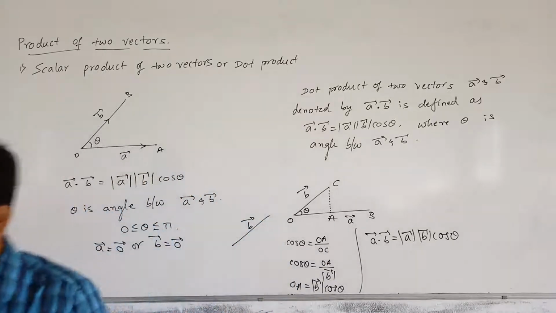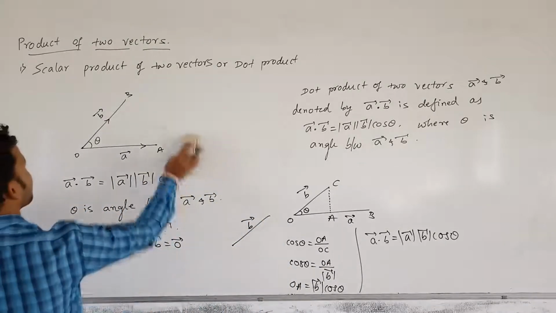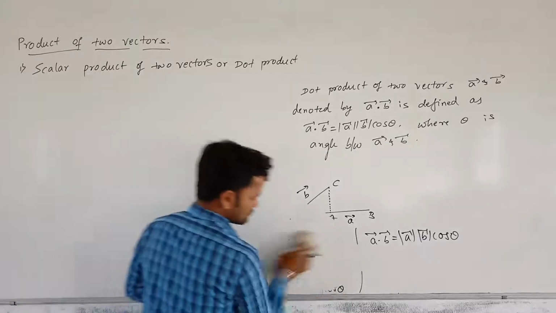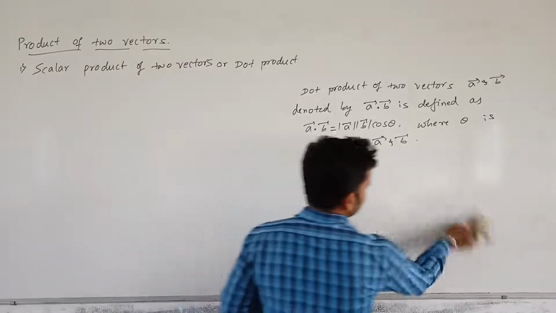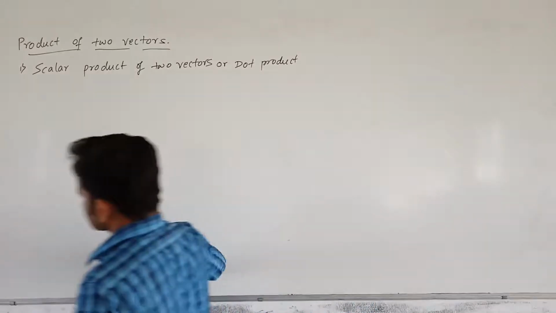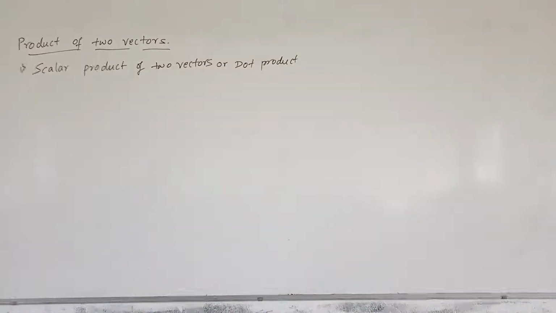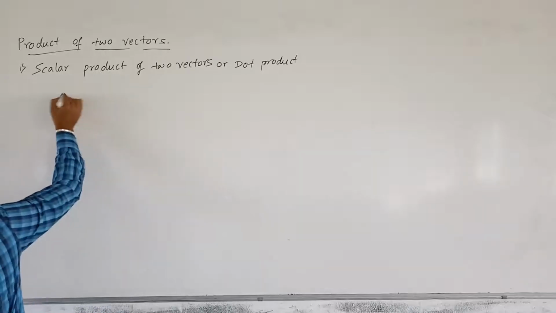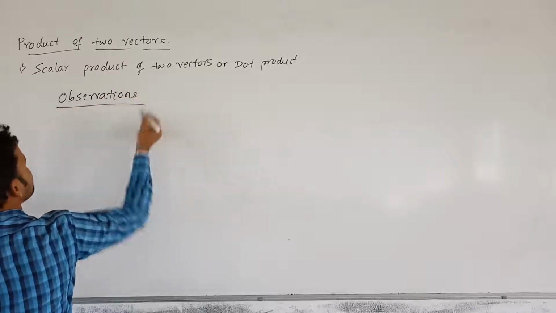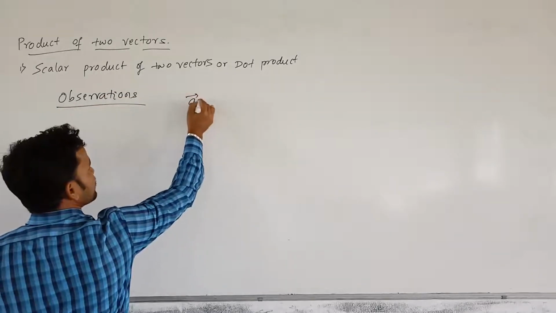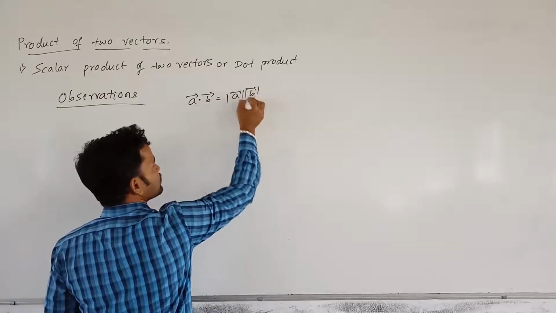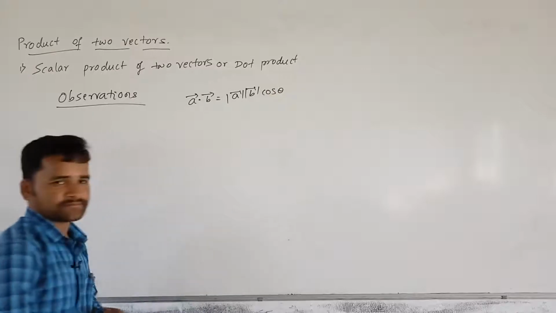Okay. Now let us go with the observations. Observations of A dot B is equal to magnitude of vector A into magnitude of vector B into cos theta.